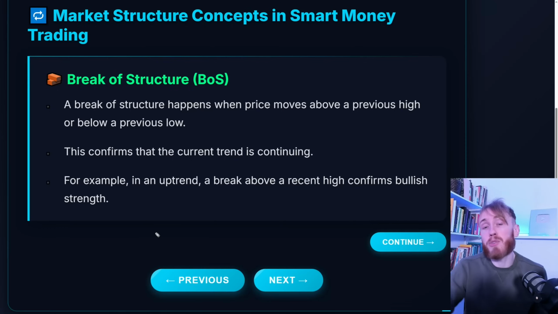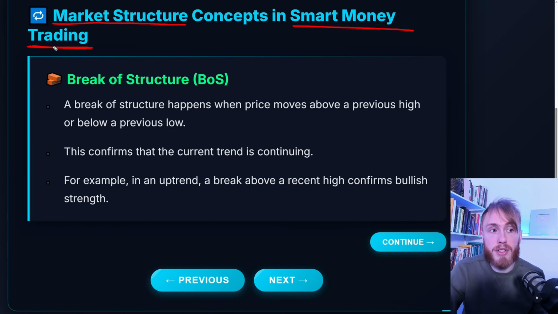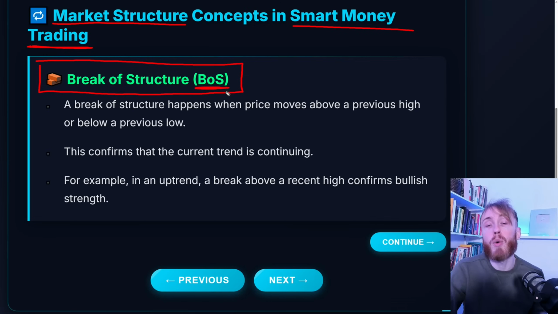But right, so now it's time to switch the attention to some very important market structure concepts in smart money trading. And the first concept we need to learn about is something called break of structure, or for short, BOS. And what is a break of structure?